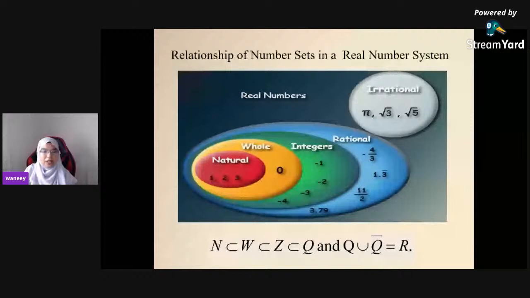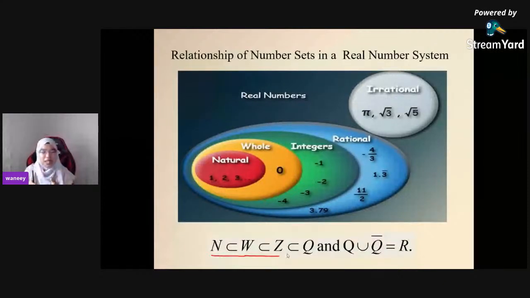Okay, so from here, you can easily see that the natural number is actually inside the whole number. So that's the reason why we say that N is a subset of the whole number. And then the whole number is actually inside the integer. So N is a subset of W, sorry.